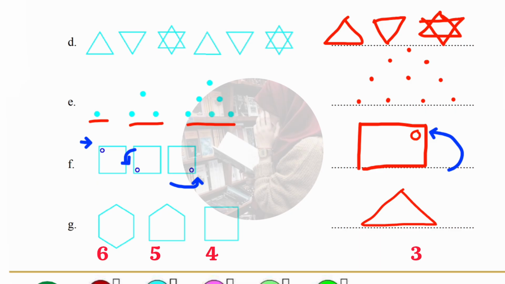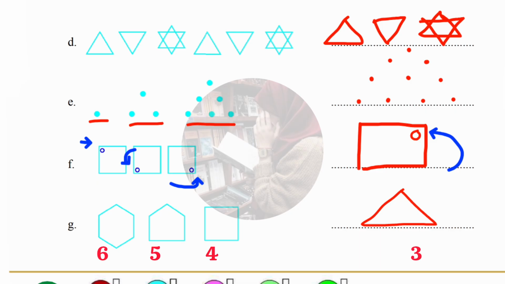Okay, understood? Let's see the sixth question, where a square is given, and in that one dot, means a circle, is given. First the circle is at the top left side, then it moves to the bottom left side, then it moves to the bottom right side. Our answer will be a square with the circle at the top right side.